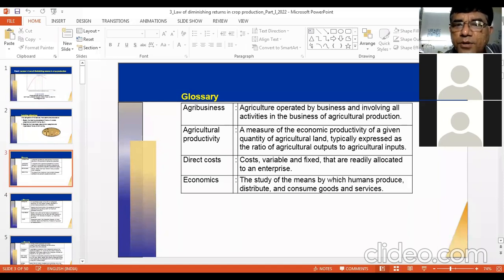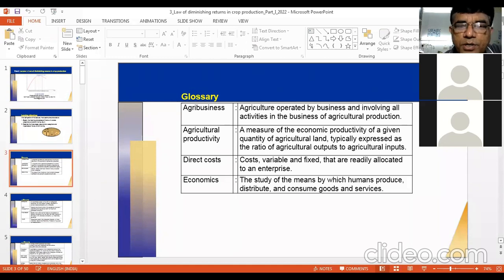So a measure of the economic productivity which have some money value of a given quantity of agricultural land, maybe land productivity, typically expressed as the ratio of agricultural output to agricultural input, maybe in any form that makes your agricultural productivity. Direct cost variable and fixed, means both are there.